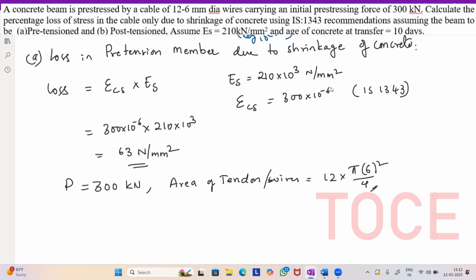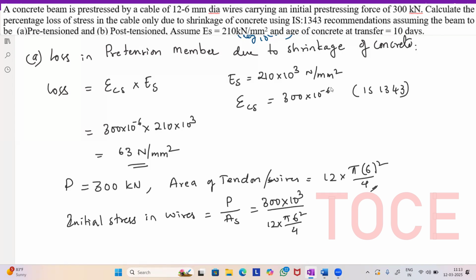Now the initial stress in the wires is equal to P by the area of the steel, or the wires. P is 300 into 10 to the power of 3 newtons, and the area of the steel is 12 wires, pi d square by 4. If you calculate this, we get the stress around 884.2 Newton per mm square.